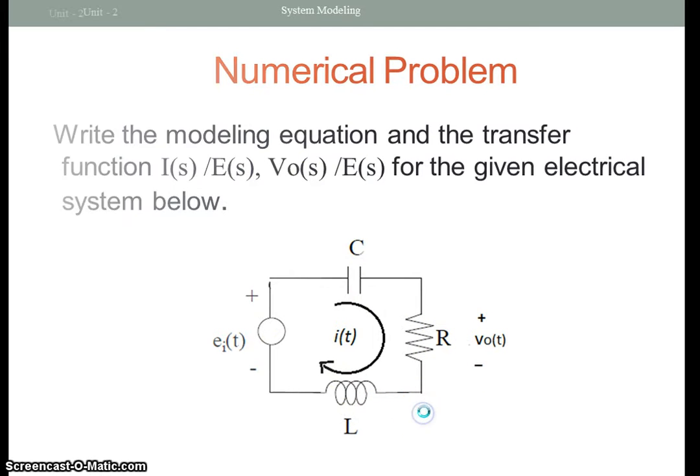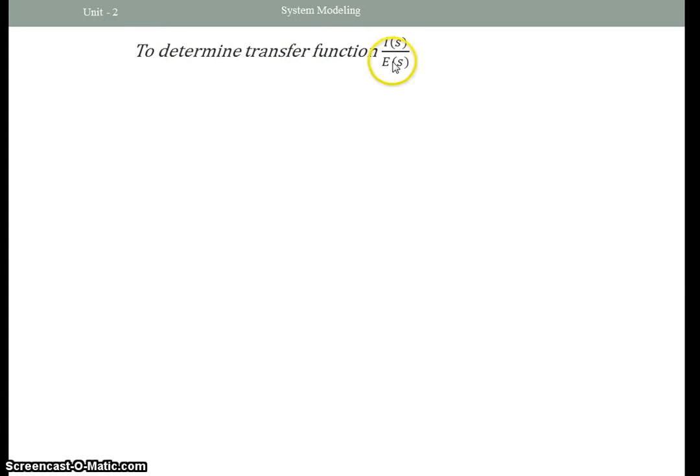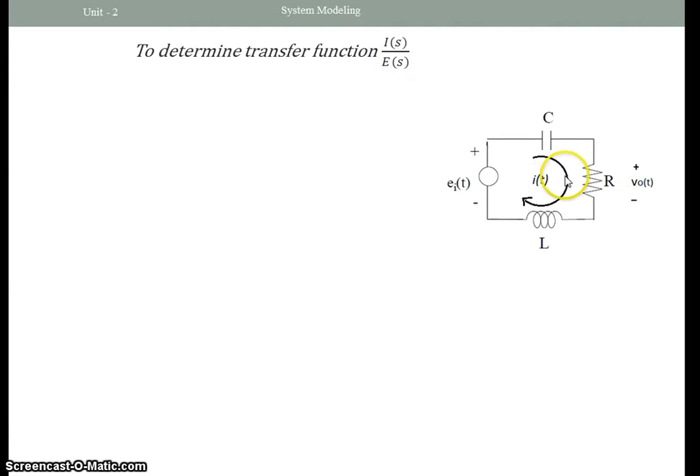So first, let's have the transfer function as a ratio of the current and the input voltage E. So this is the given circuit, and using Kirchhoff's voltage law around this loop, where the loop current is labeled as i of t, the sum of all voltage sources is equal to the sum of all the voltage drops around the loop.